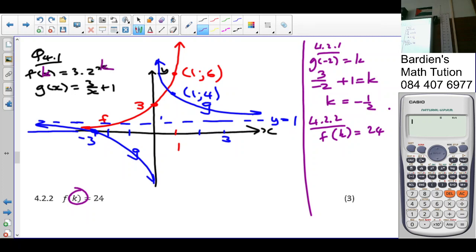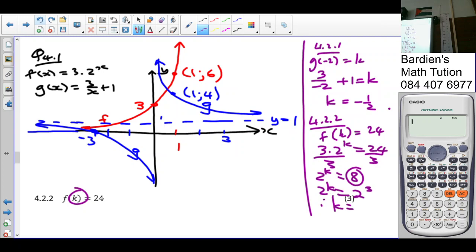Make sense? So it's going to be 3 times 2 to the k is equal to 24. What do I do first? Divide by 3 on both sides. So 2 to the k is equal to 8. However, 8 can be written as what? 2 cubed. Therefore, k is equal to 3. Any confusion here?